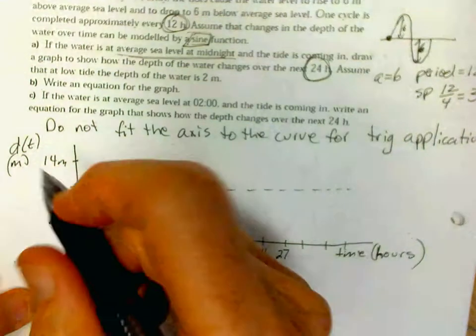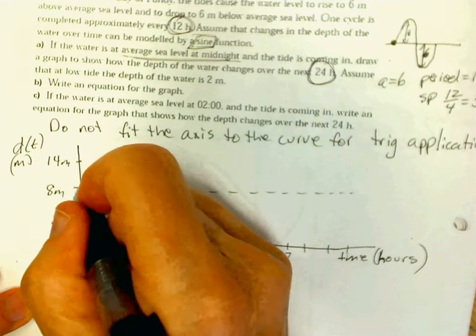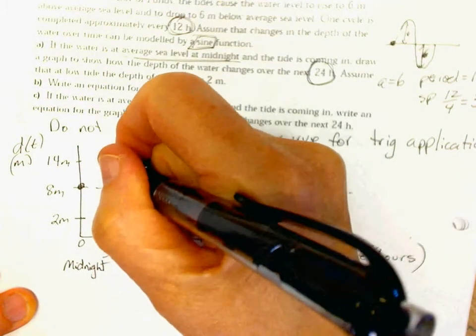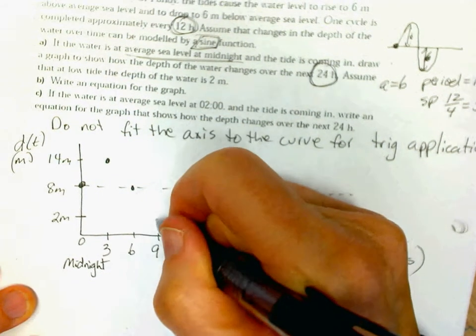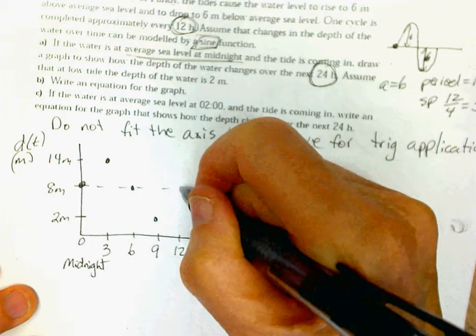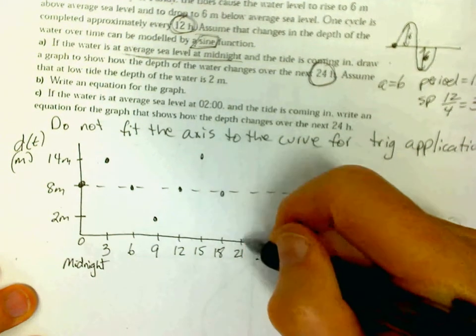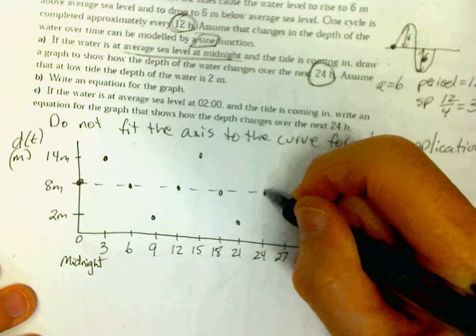So it's at average sea level. Then the tide's coming in, so it's going to rise up, and then it goes down, then it goes back up, then it goes down again, then it starts to go up.